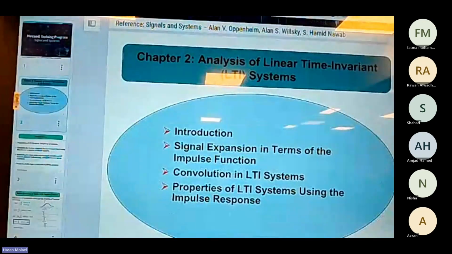Because we can use convolution in LTI systems. What is convolution? Convolution says that if you have the impulse response of the system, you can find its response to any input. The only thing is you should find the impulse response.